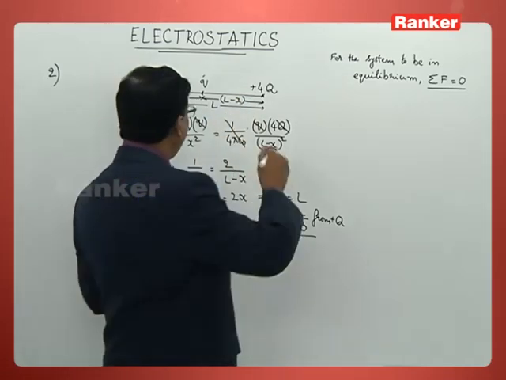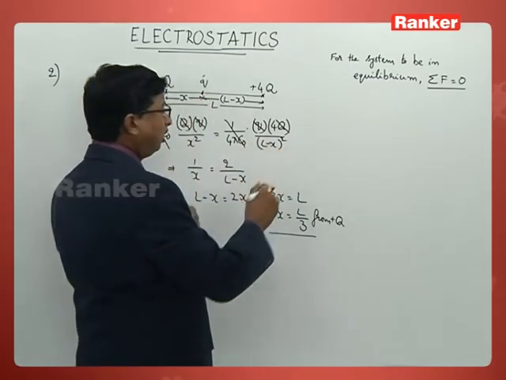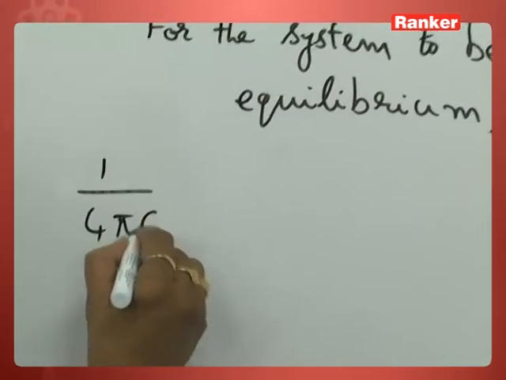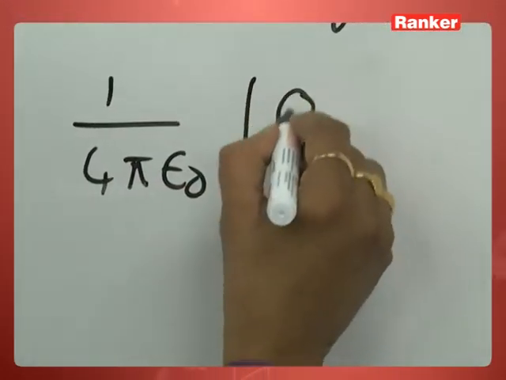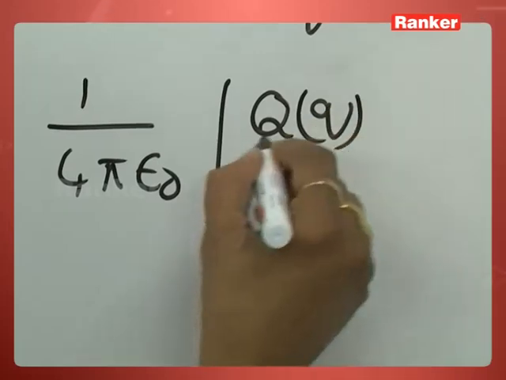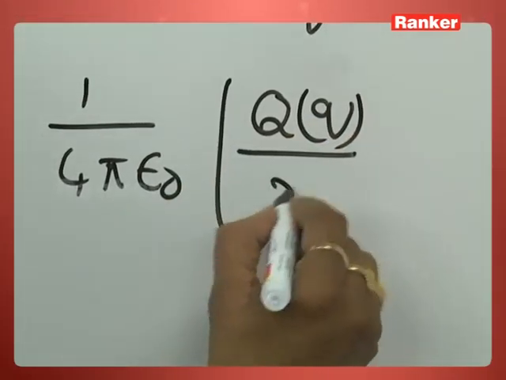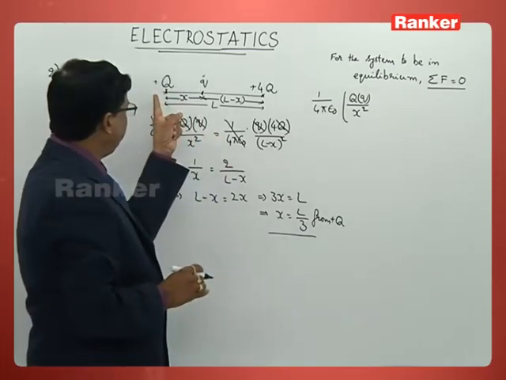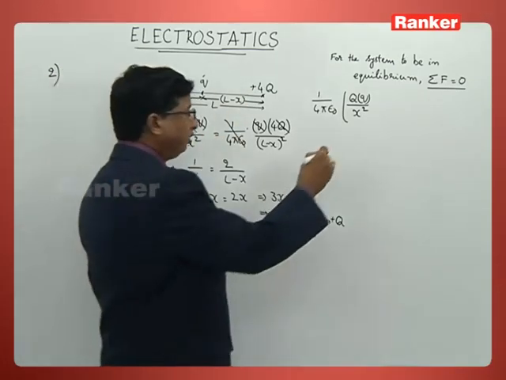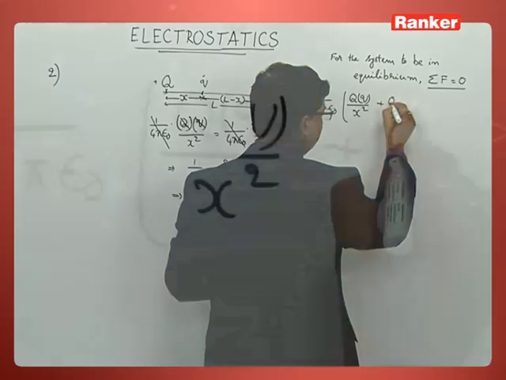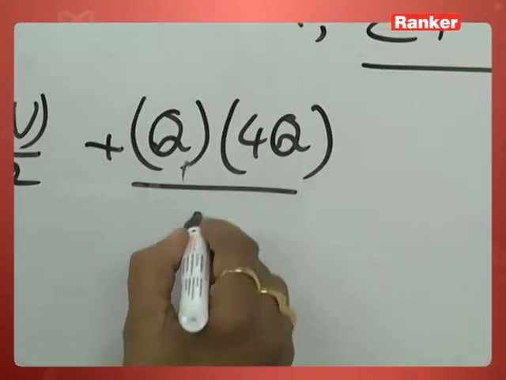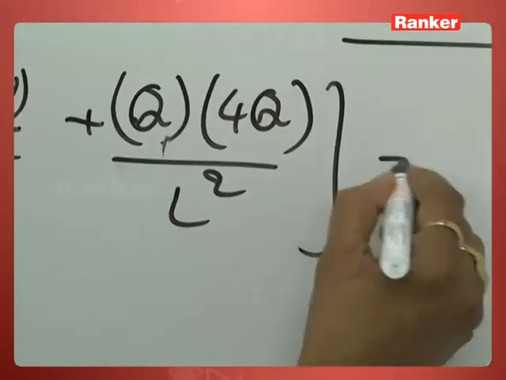So what should we write now? Take this pair first and write down the formula: 1 by 4 pi epsilon naught, Q into Q by x square. And what is the second force between this charge and that charge? It is plus Q into 4Q by L square. This must be 0.